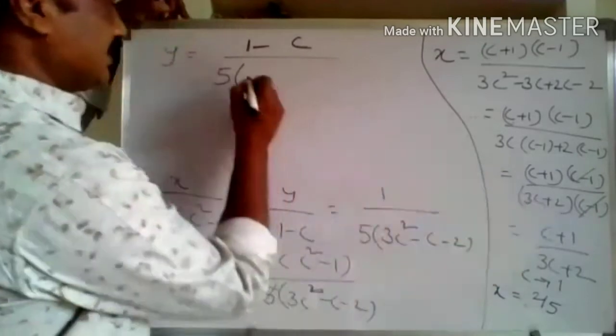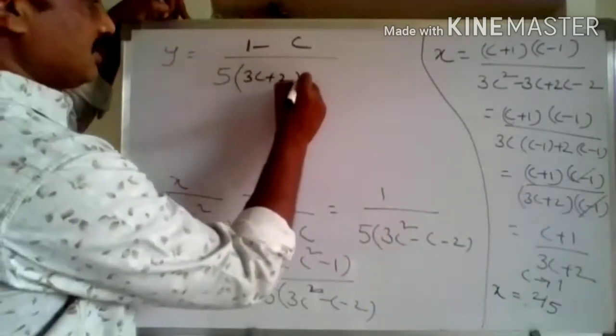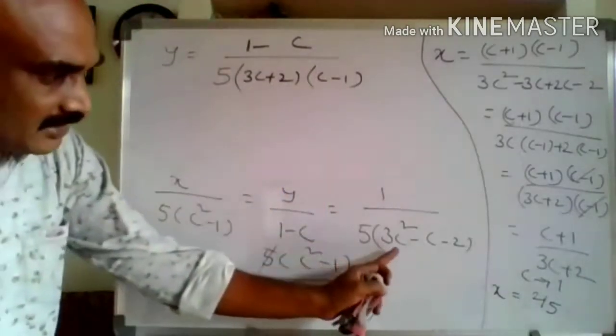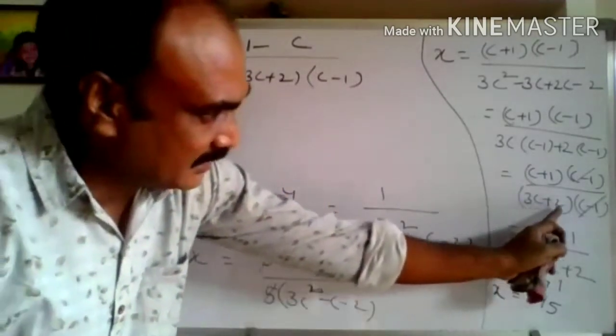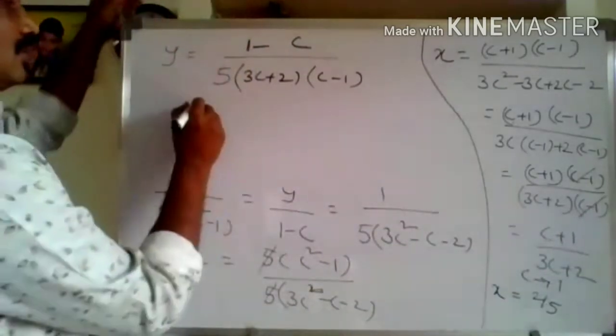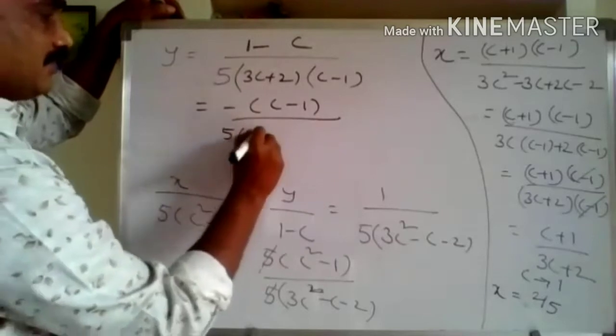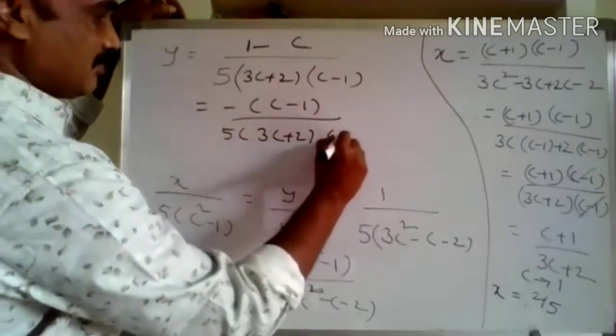Already calculated, 3c² minus c minus 2 is equal to (3c plus 2)(c minus 1). Taking minus common, y is equal to minus (c minus 1) over 5(3c plus 2)(c minus 1).